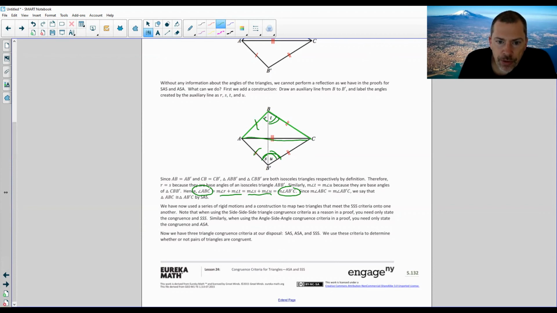We already knew this side was equal to this side, and this side was equal to this side, and this side is equal to itself because of the reflexive property. But now we have an angle in between, so it's an included angle here. So by side angle side, this triangle equals this big triangle up here. That's what that is saying.